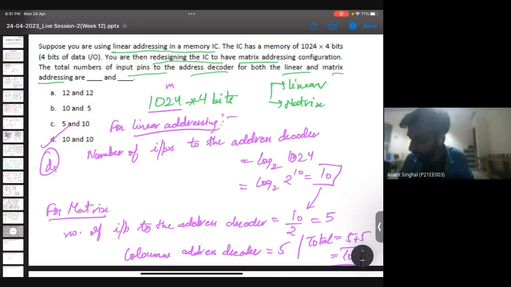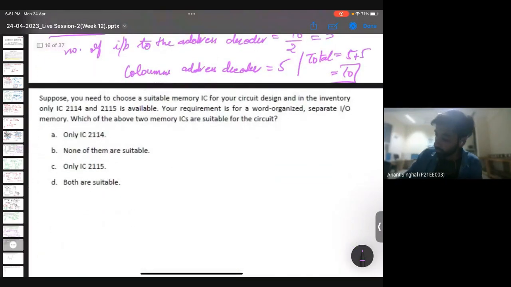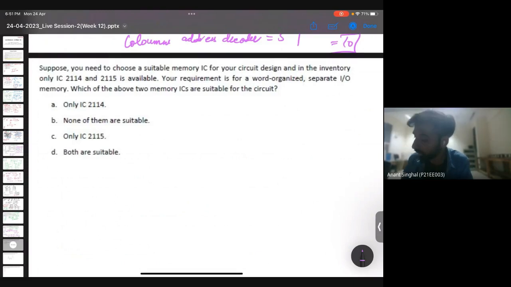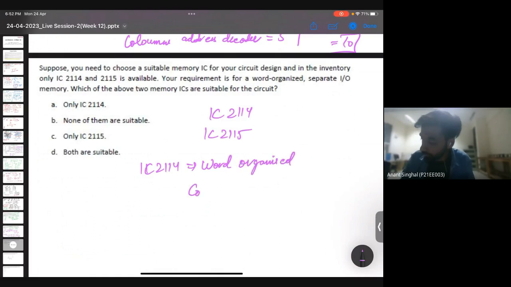Okay, so let's proceed with the next question. It says we need to choose a suitable memory IC, and we have only IC2114 and IC2115. So you can refer to the next lecture notes again. IC2114 is a word organized IC, and it uses common inputs.